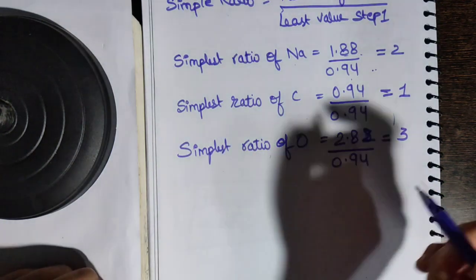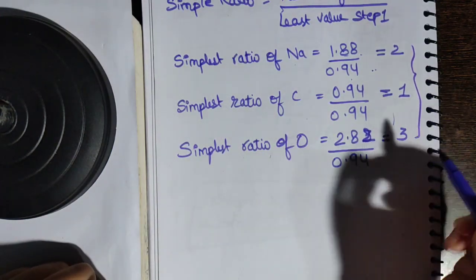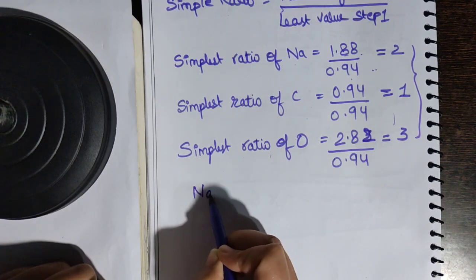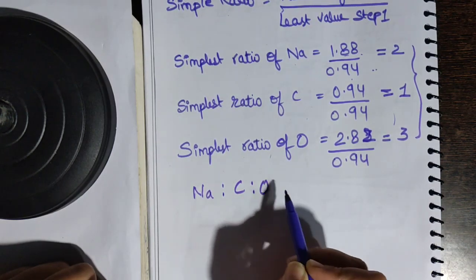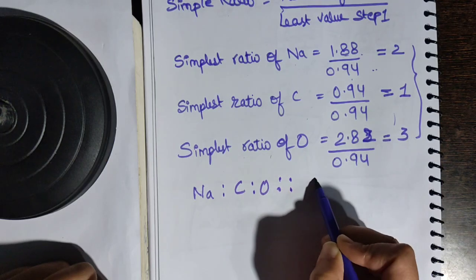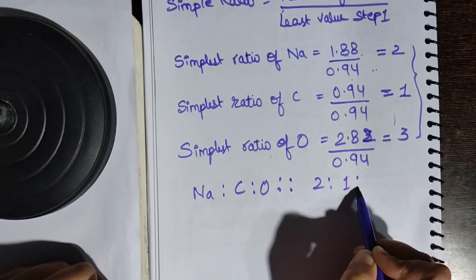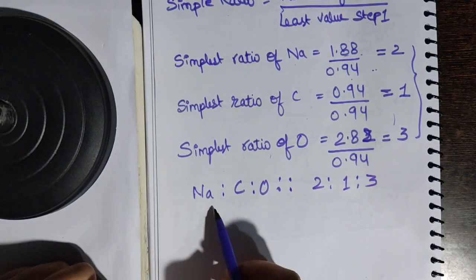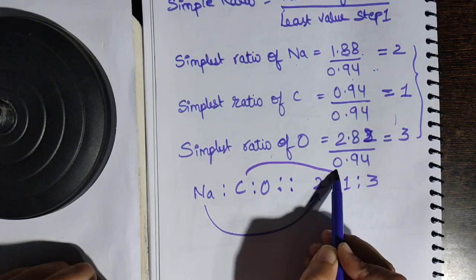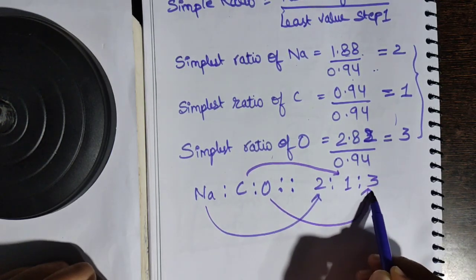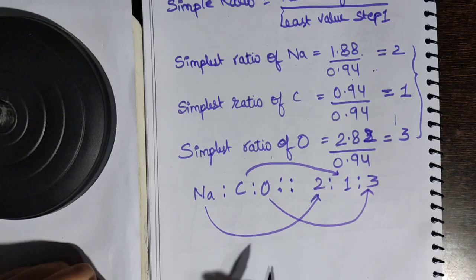Therefore, from these simple ratios, we can say that sodium to carbon to oxygen is proportionate to 2:1:3, where sodium corresponds to 2, carbon corresponds to 1 and oxygen corresponds to 3, right?